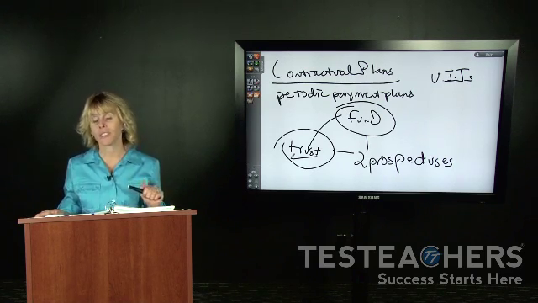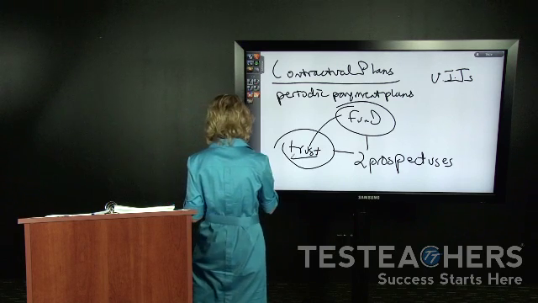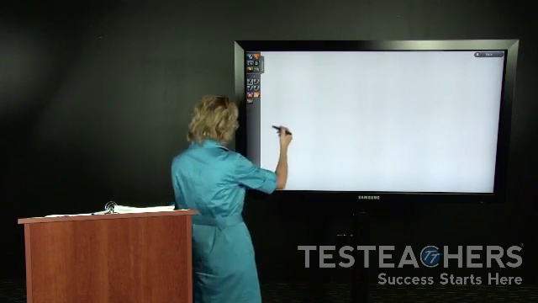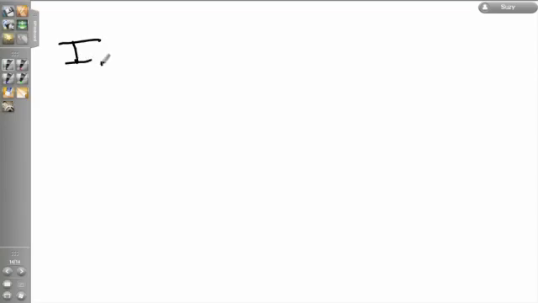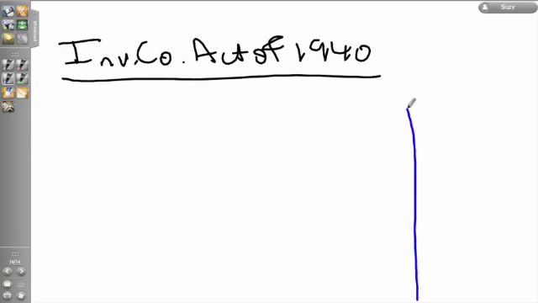Now, interestingly enough, contractual plans are governed under the Investment Company Act of 1940 and a slightly different set of sales charge rules. So on the test, you have to be really careful. There's two questions that they can ask you.